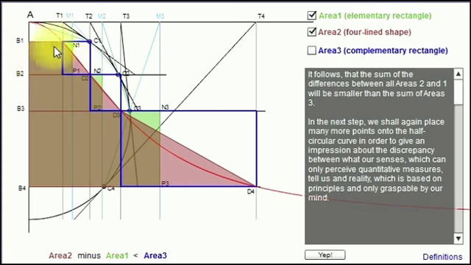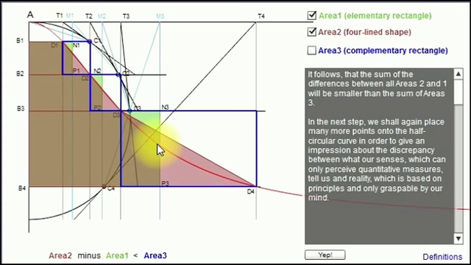And so the sum of the blue complementary rectangles will always be larger than the sum of the differences between the quadrilinear shapes and the elementary rectangles.